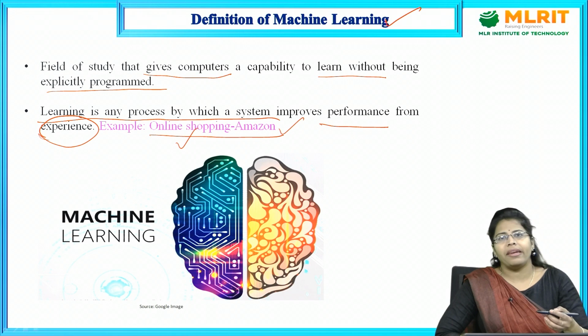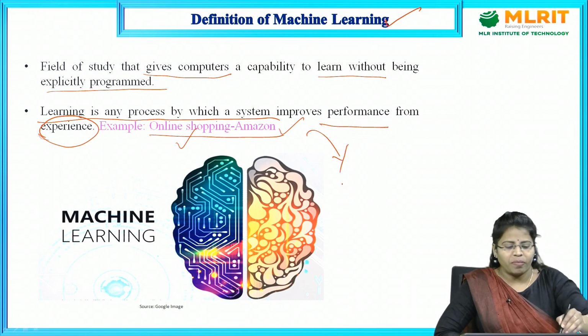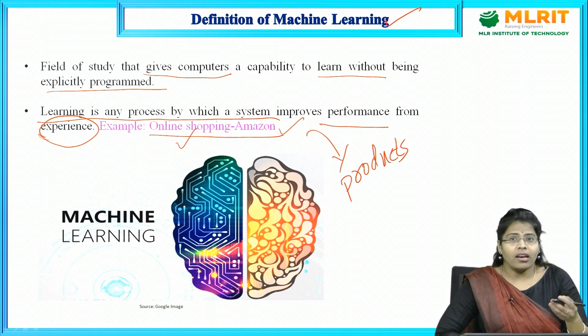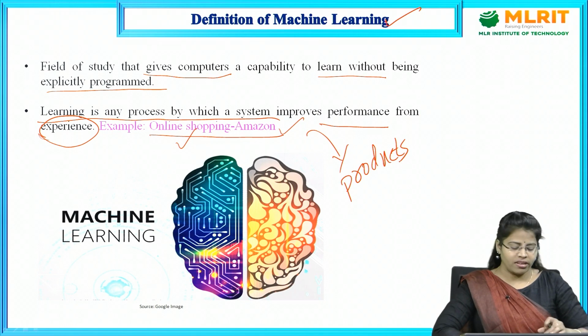The machine is going to collect the data, whatever you have searched, whatever clicks you have done, and it gets a pattern. It is not a brain actually, but the machine gets a pattern, and according to that pattern the machine automatically displays products to you based on your previous searches. That is how the machine learns from previous data and displays the products to the user. That is machine learning with an example.